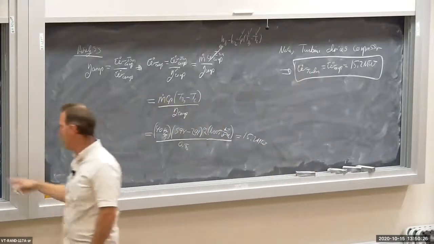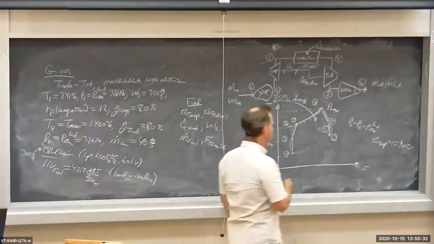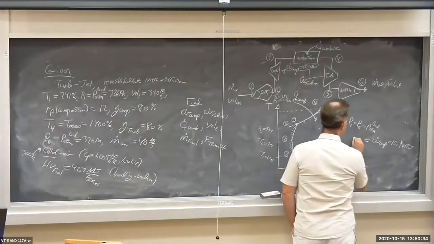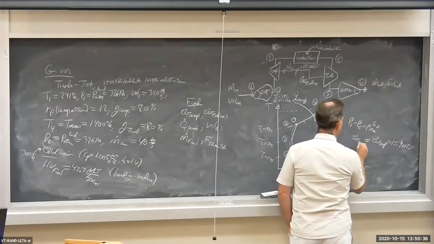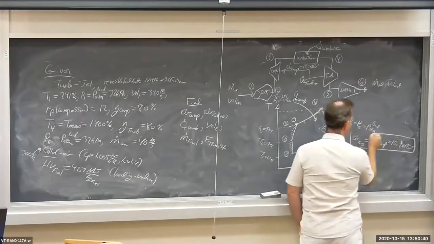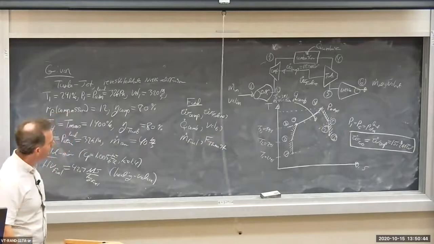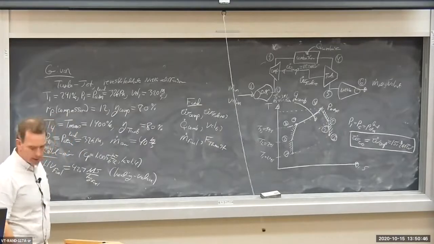So I'm going to write right over here, W dot compressor equals W dot turbine, and they're both equal to 15.2 megawatts, okay? 15.2 megawatts, that sounds good.